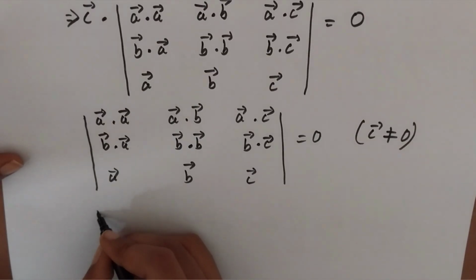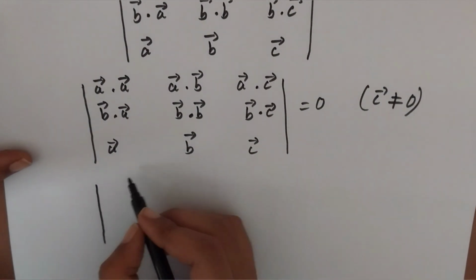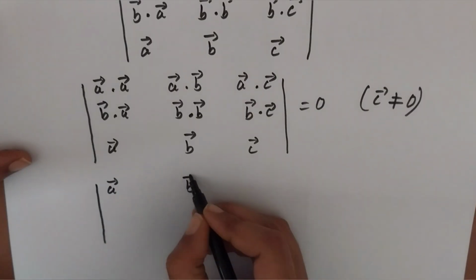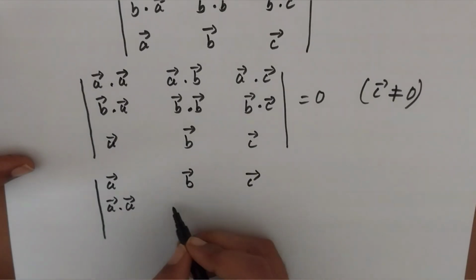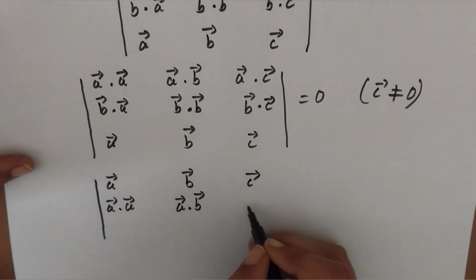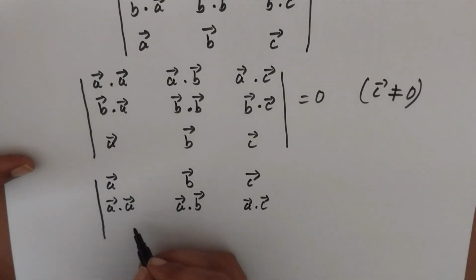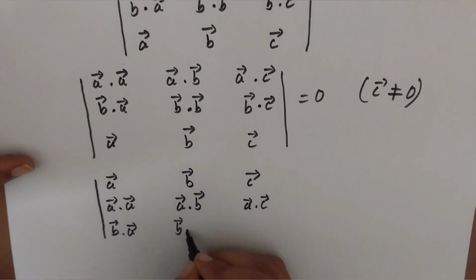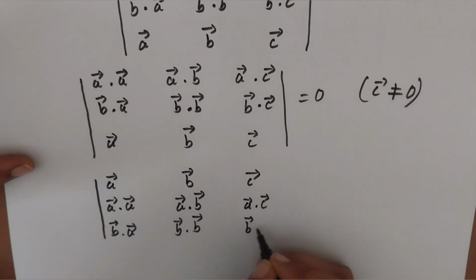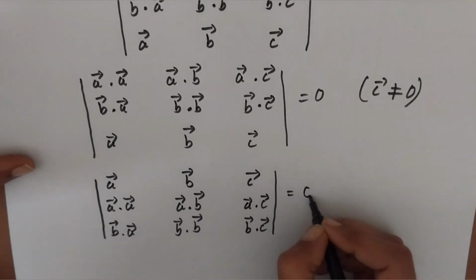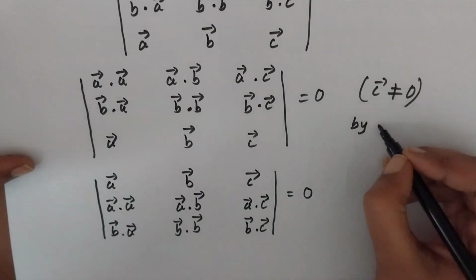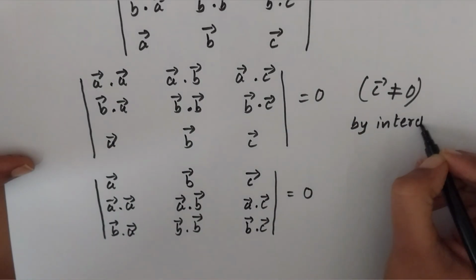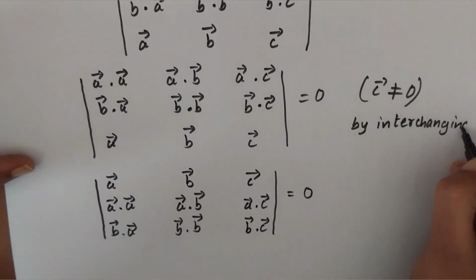So determinant vector A, vector B, vector C, vector A dot vector A, vector A dot vector B, vector A dot vector C, vector B dot vector A, vector B dot vector B, vector B dot vector C is equal to 0. How did this come? By interchanging the rows of this determinant.